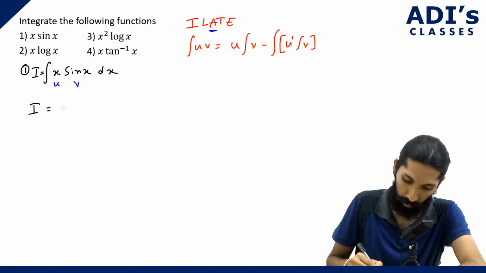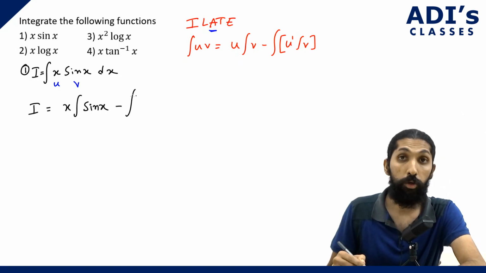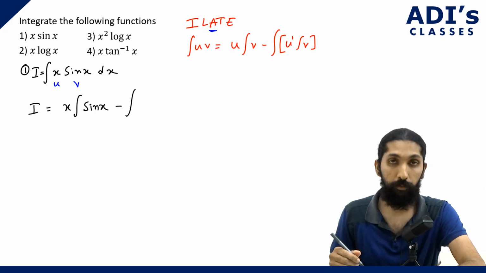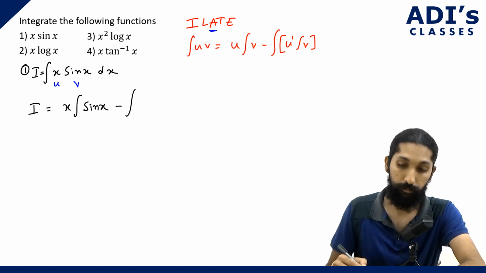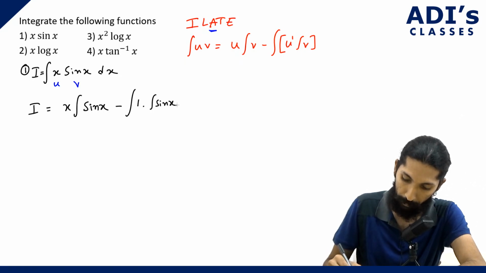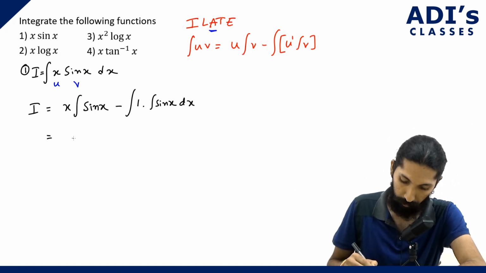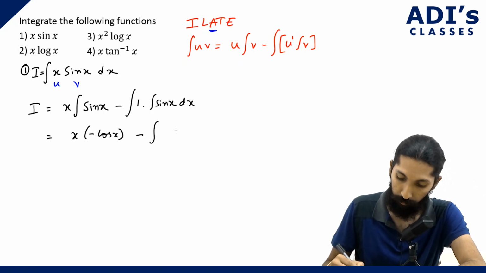So in this case, x is nothing but u, the first function. So we have x into the integral of sin x minus the integral of u dash. What is the derivative of x? 1. So 1 into the integral of sin x dx, right? So this is going to be x into minus cos x minus the integral of minus cos x.